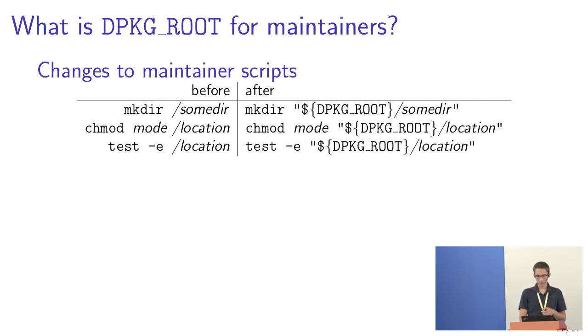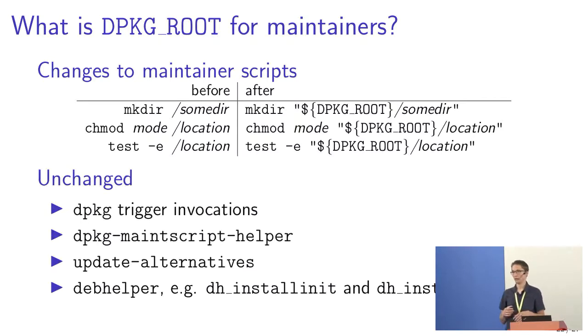A number of things remain unchanged because they actually know about this variable. So whenever you use triggers, maintscript helper, update-alternatives and a few other things, you don't add it because these tools actually inspect the variable and act on it. And that makes modifying maintainer scripts a little easier.